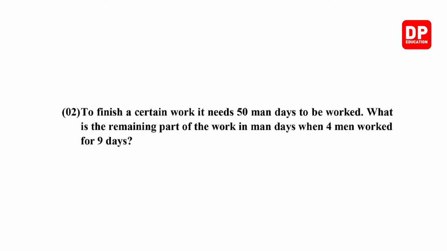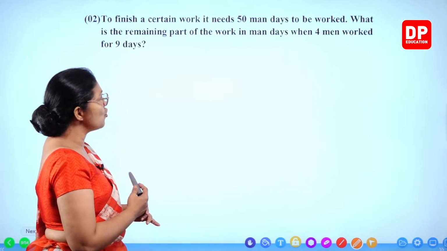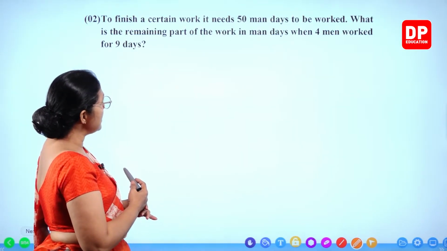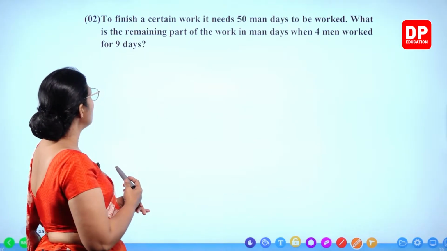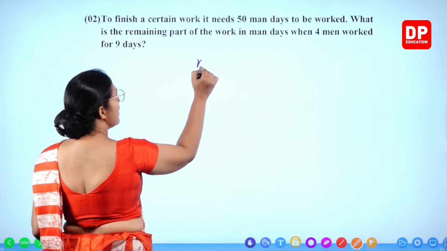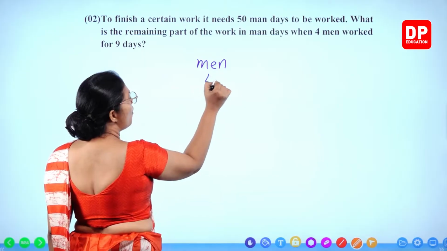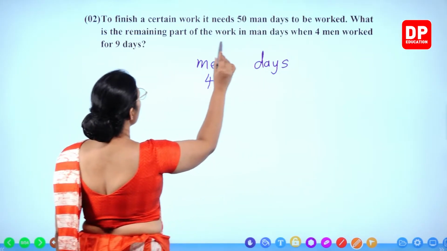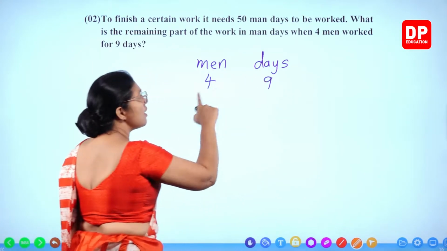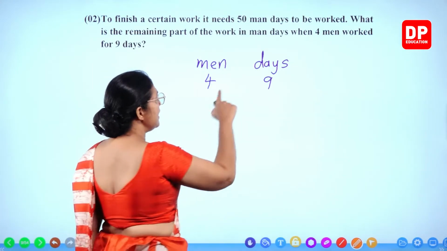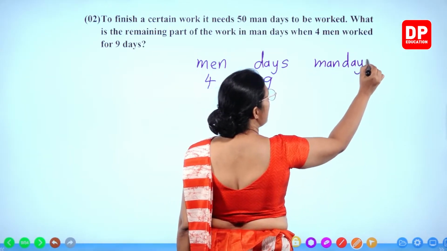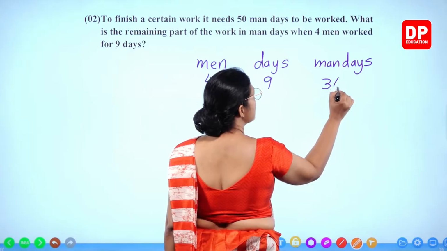Then question number 2. To finish a certain work, it needs 50 man days to be worked. What is the remaining part of the work in man days when 4 men worked for 9 days? So here, 4 men, how many days? It says 9 days. So what is the total man days here? 9 times 4, 36.